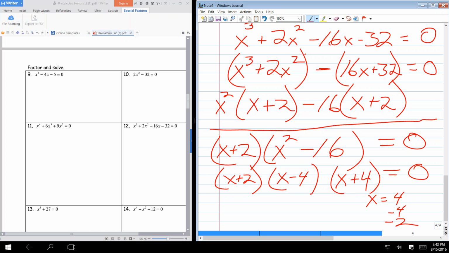And that only worked because I could group it. If I change this number to a 30, it turns into a 20-minute problem. Maybe a 30-minute problem.